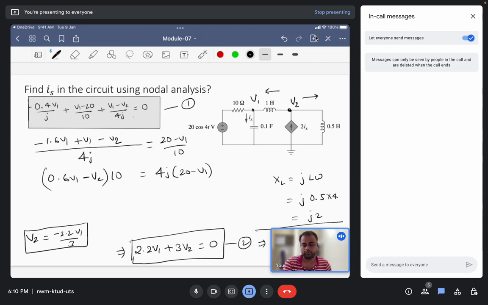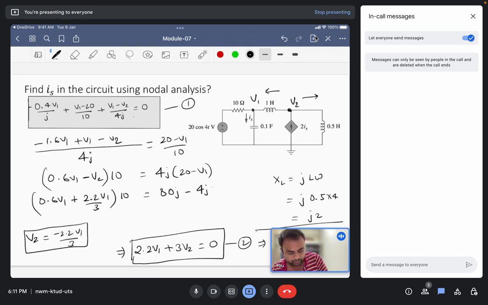Now we can substitute V2 here in the equation. So (0.6 V1 plus 2.2 V1 by 3) times 10 is equal to 80J minus 4J V1.